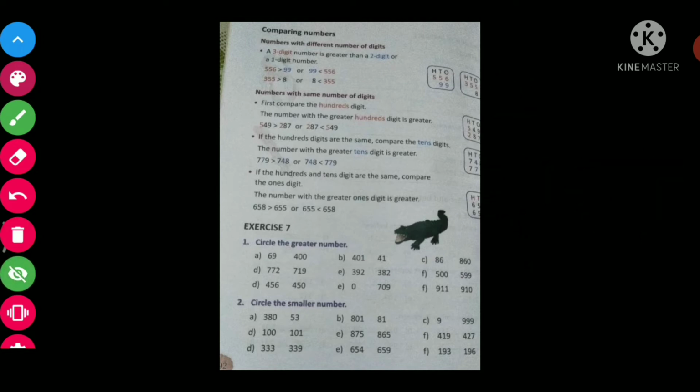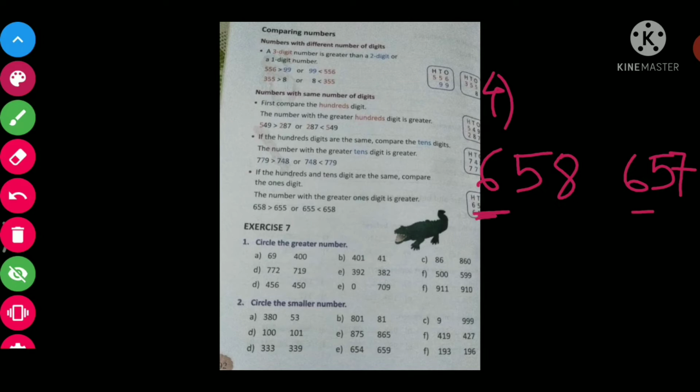The last rule is, if the tens place values are also the same, then we'll see the ones place value. For example, 658 and the other number is 657. First of all we'll see the 100 place value. Here 6 is there, here also 6 is there, same values. Now we'll shift to the tens place value.